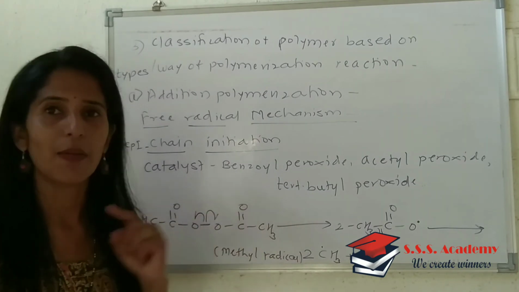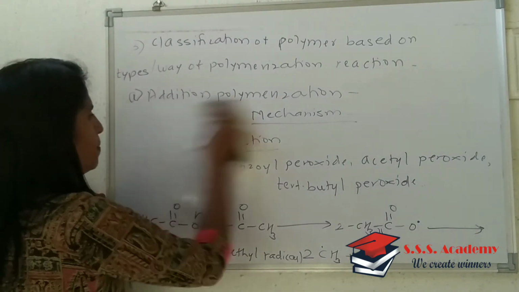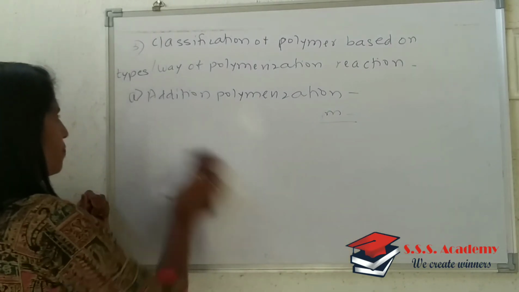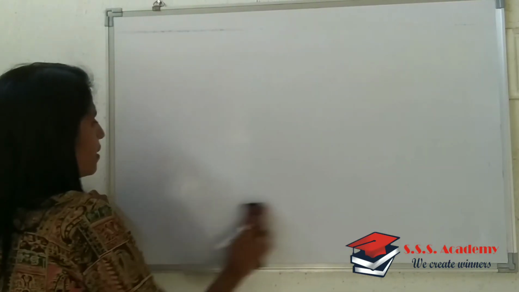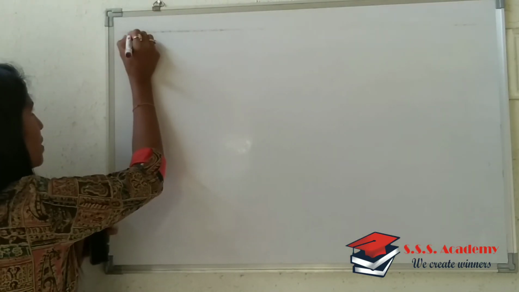Now we will see something about the second step. So let's start with the second step. I hope up to this it is clear to you. If you are having any doubt, you can ask me later. You can call me or you can message me. Second step.